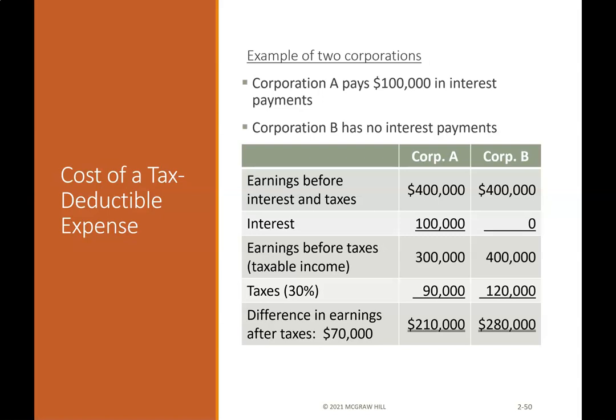And the difference in their earnings after tax is $70,000. So Corporation A has earnings after tax of $210,000, and Corporation B has earnings after tax of $280,000. So the difference between those two earnings after taxes is $70,000.